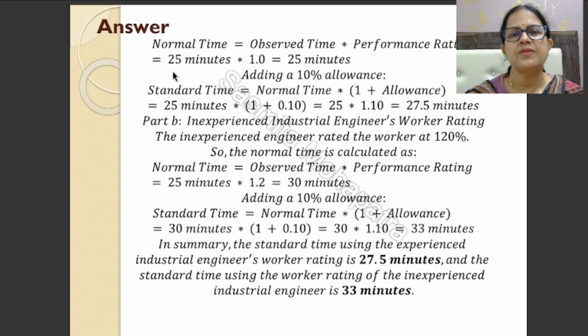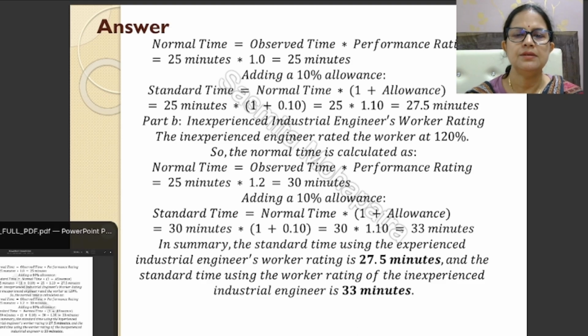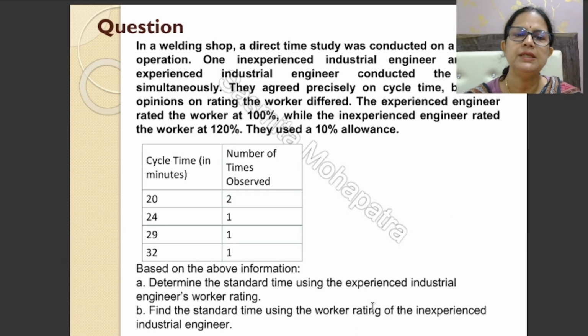First, we go for calculating the total time, and the total number of observations. As it is a welding operation, we have taken the cycle time for each observation. So this observation is taken 2 times, and these are once and once.